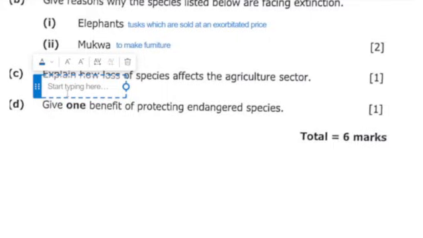So I can say it affects agriculture negatively.